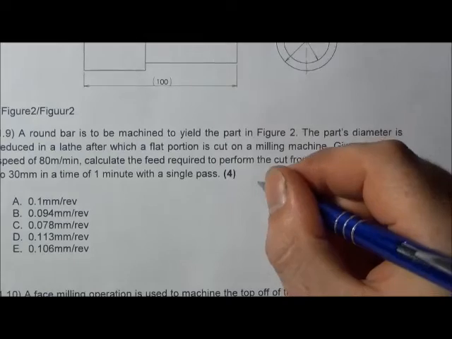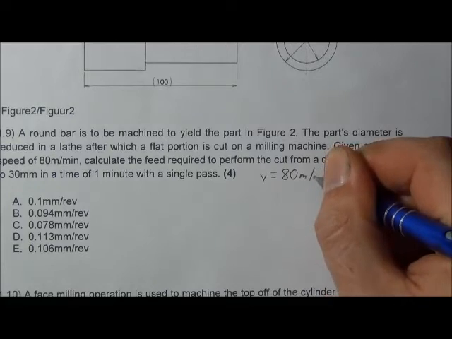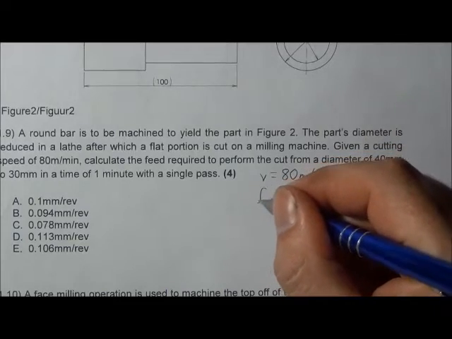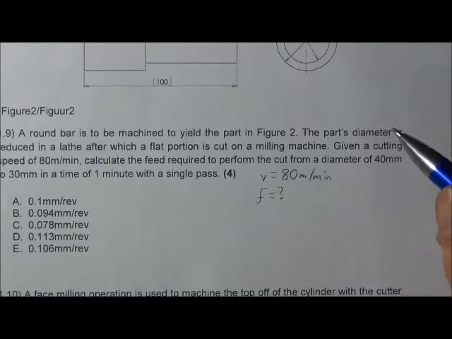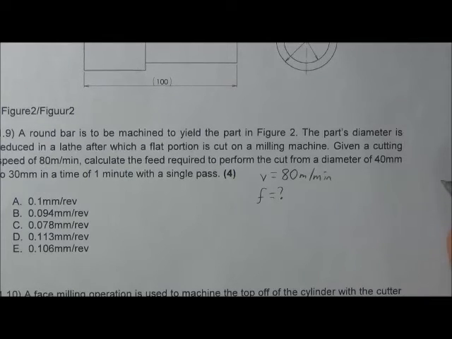So cutting speed, that's my velocity, is equal to 80 meters per minute. We want to calculate the feed. That's just a small f. Feed is unknown. Initial diameter is 40, final diameter is 30.